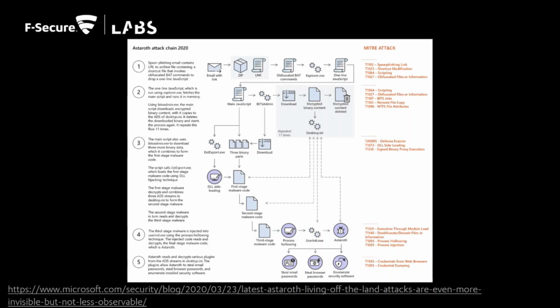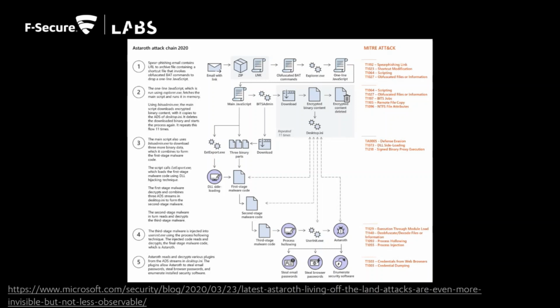To do these actions, the JavaScript makes use of bitsadmin, which is one of the LOLBins that we've been talking about and that we are going to show. In one first step, it downloads some encrypted binary content. This encrypted binary content is what I was referring to before: various files, randomly named and heavily obfuscated, which are payloads divided across these various files.